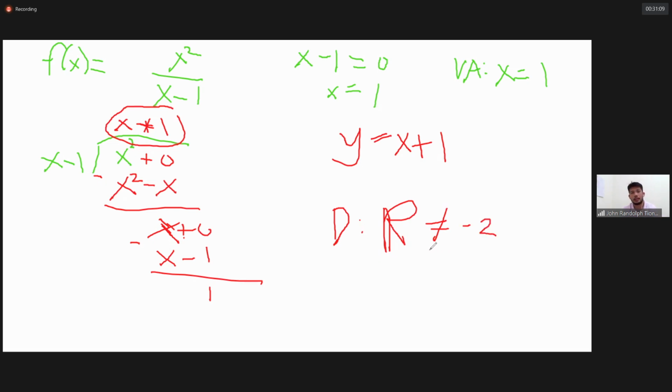X such that x values must not be equal to negative 2. Okay, negative 2. All right. How about, let's have number 4. Name the vertical asymptote for that case. What's the vertical asymptote for that rational function?